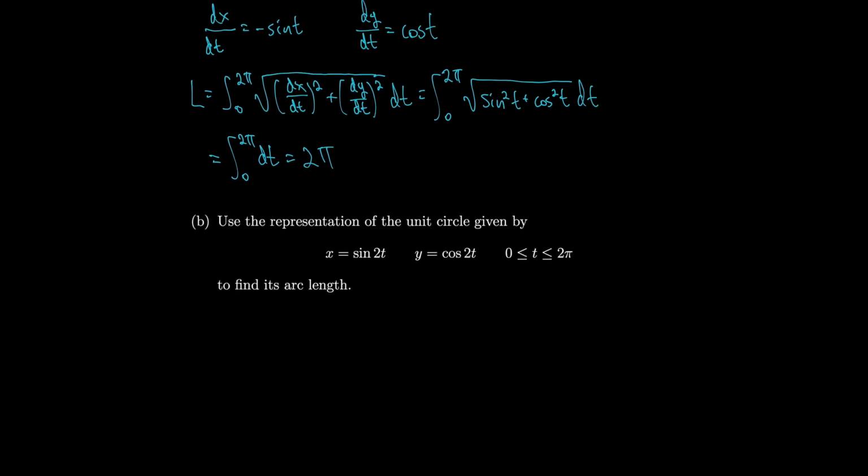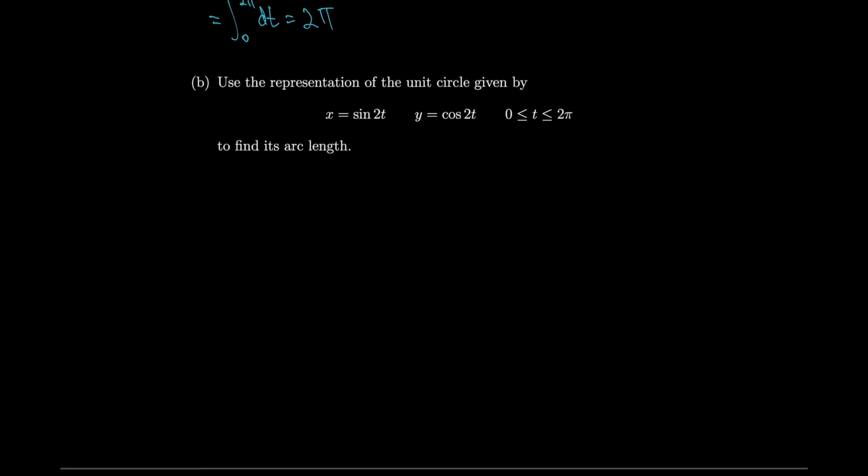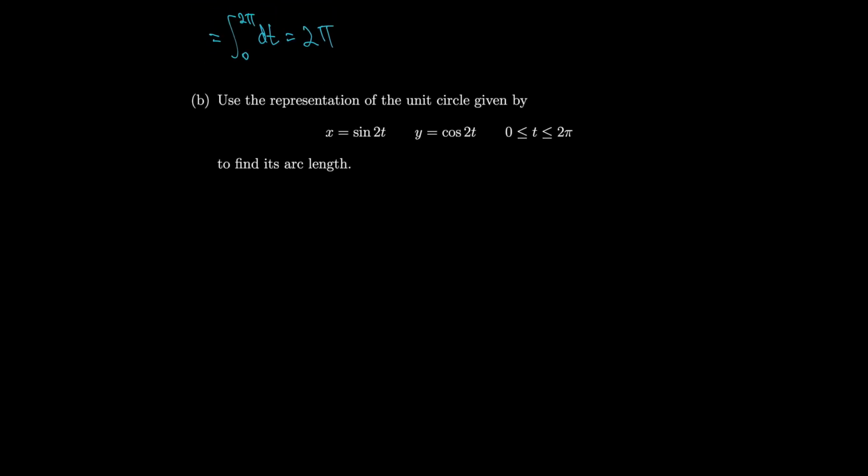So how about we use the representation of the unit circle given by x equals sine 2t, y equals cosine 2t. Remember that this results in the exact same curve, but a slightly different parametric curve because this one's traversed twice. So we have dx/dt equals 2 cosine 2t and dy/dt equal to minus 2 sine 2t.